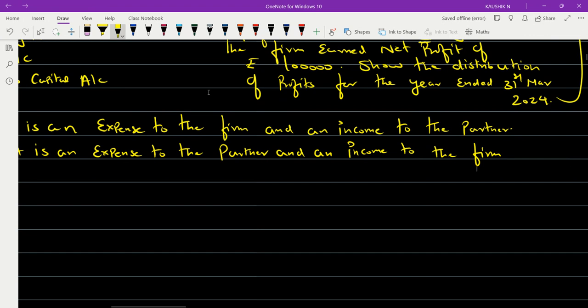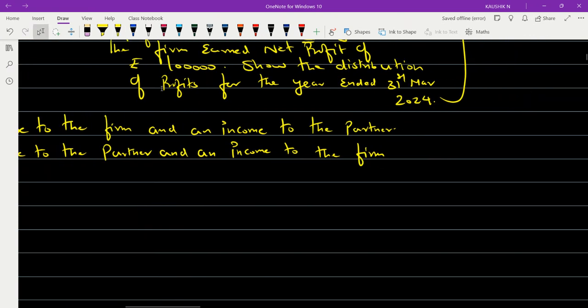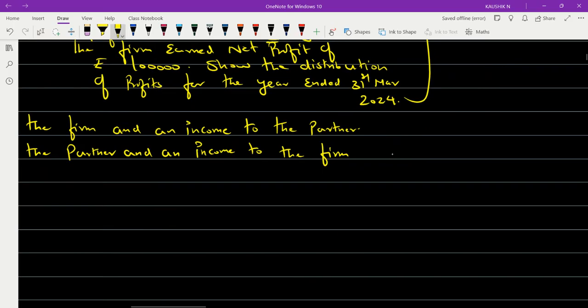Now I'm going to introduce a question over here. What is the accounting principle that is highlighted in this concept? I want you to mention the accounting principle. You have learned various accounting principles in grade 11.